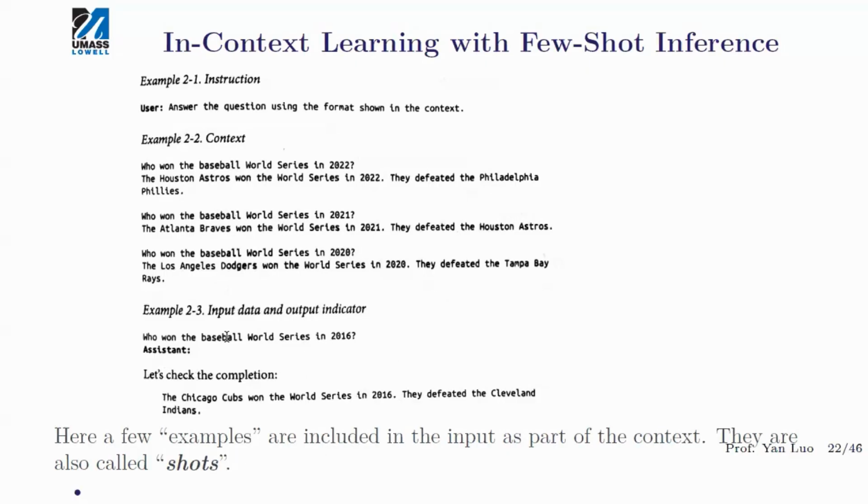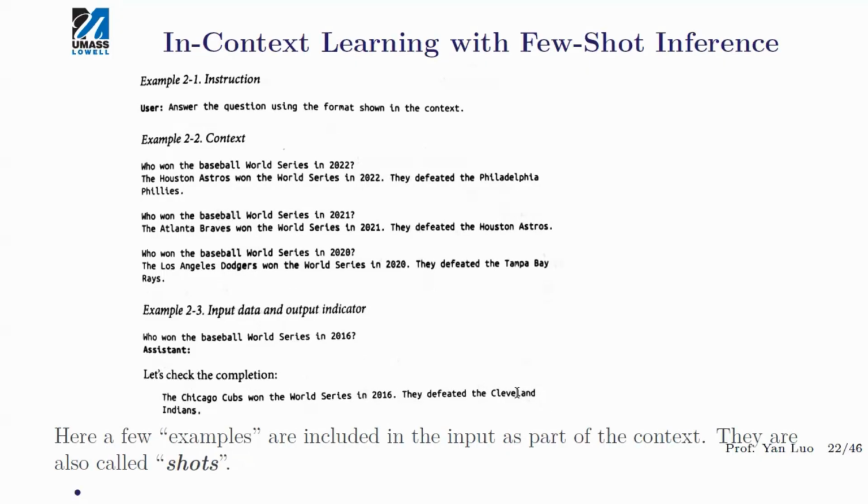Compared to what you saw very early in that example, the model was very chatty. Here, if we give the model such a series of contexts or examples, the model should be able to learn that the output, the completion that we expect, will be something like this. After that, the completion you will very likely see is that the Chicago Cubs won the World Series in 2016.